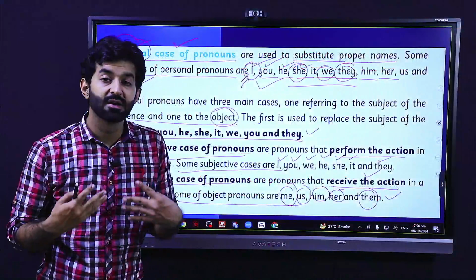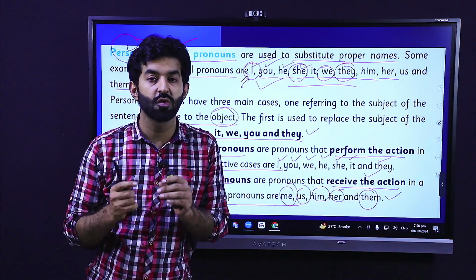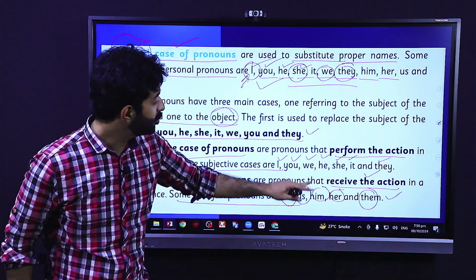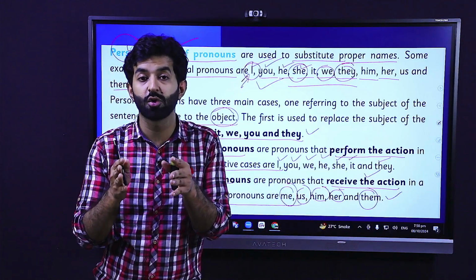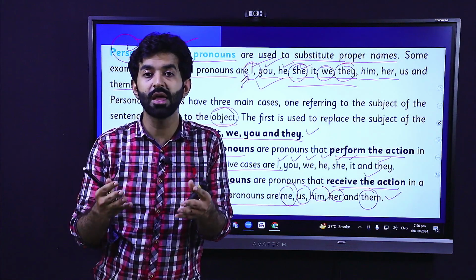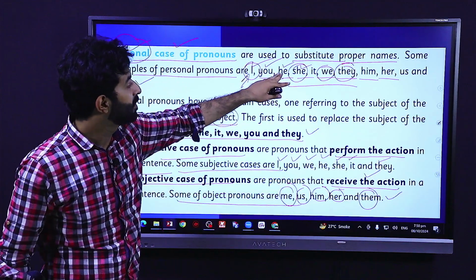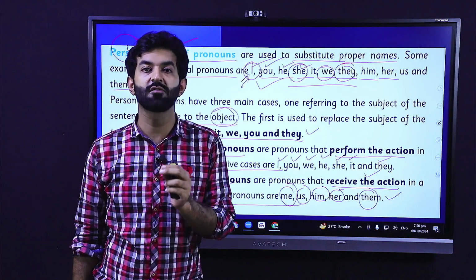Now, the subject does the action, as we know, and the object receives the action. So when the pronouns are at the receiving end, you are going to use these objective pronouns, and when the pronouns are at the doing end of the action, then you are going to use the personal pronouns in the subjective case.